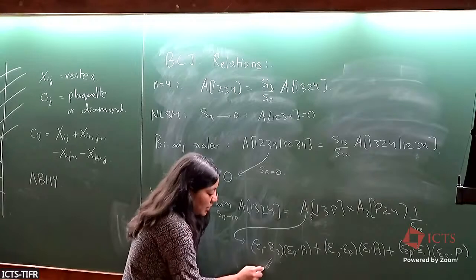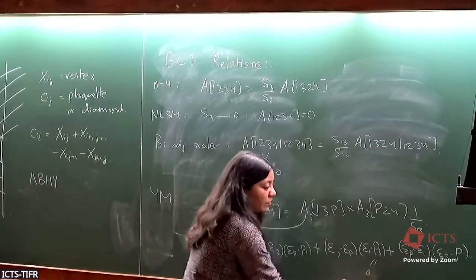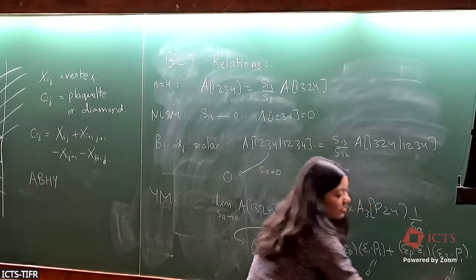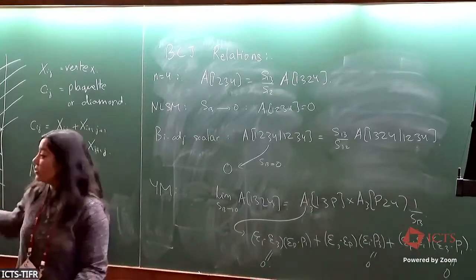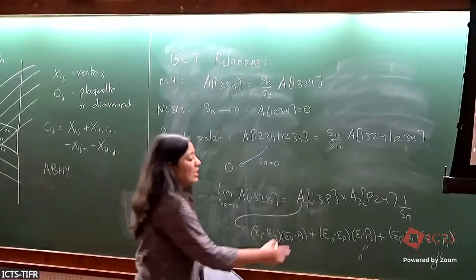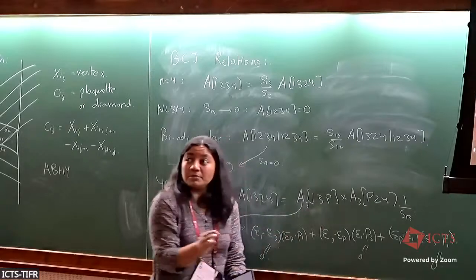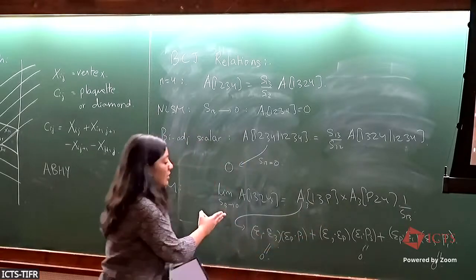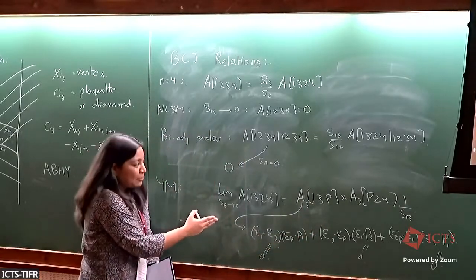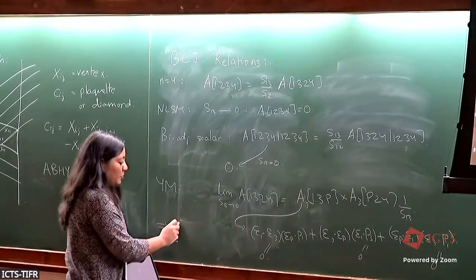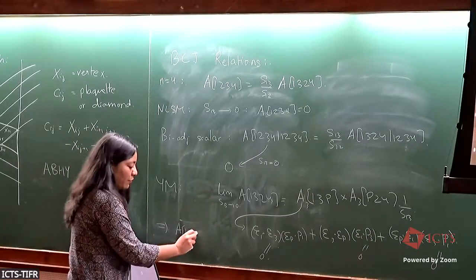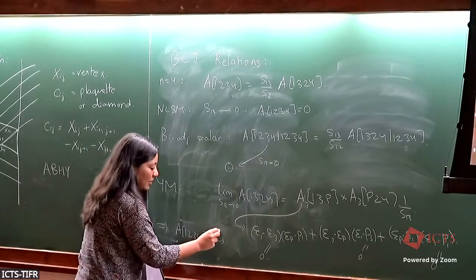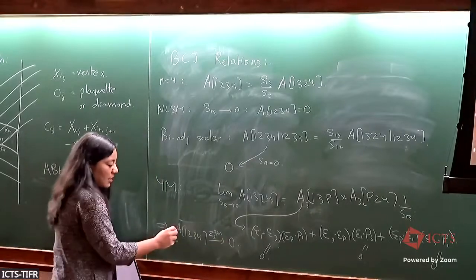So this is 0, this is 0, and epsilon 3 dot P is epsilon 3 dot P1, which is also 0. This zero condition carefully makes sure that on the pole, one of my 3-point amplitudes vanishes. And because one of the 3-point amplitudes vanishes, there is no pole at S13. Once again, because there's no pole at S13, A(1,2,3,4) vanishes on the spin-0 condition. This happens for Yang-Mills.